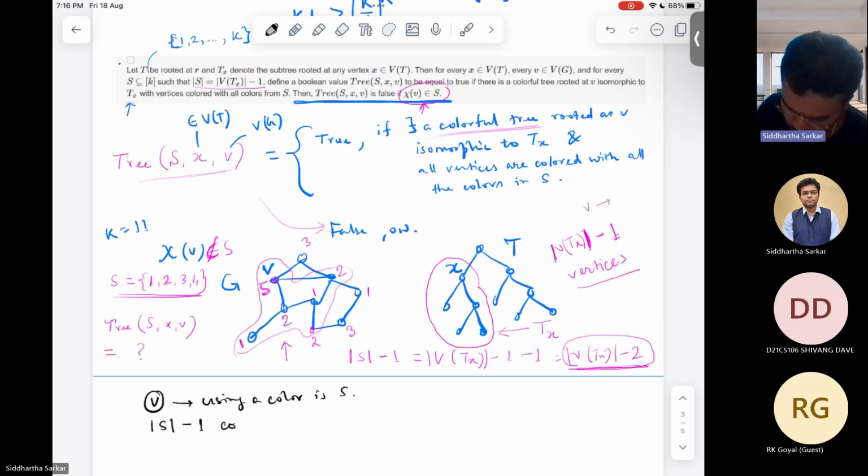Sorry, no. What you were saying is that there is not mod S but K colors, so you're left with K colors. So there might be a situation that even after V was colored using a color in S, still this expression might be true.